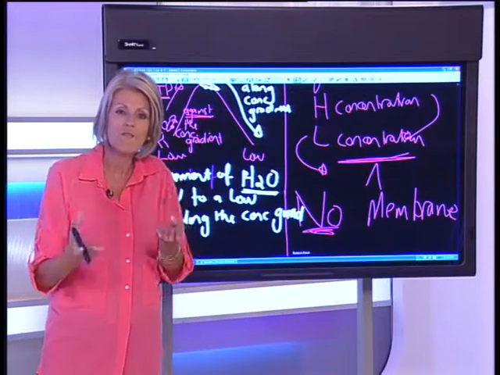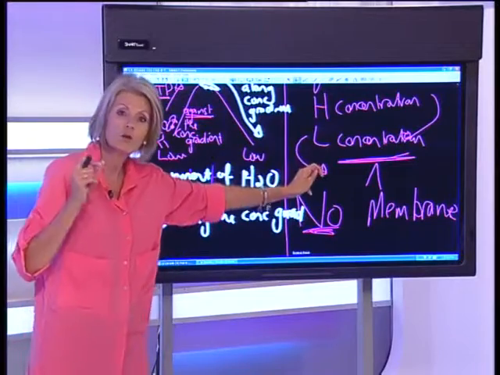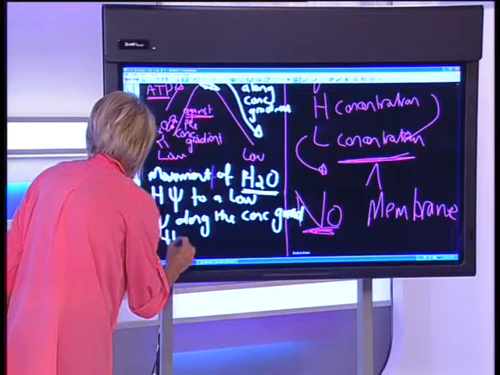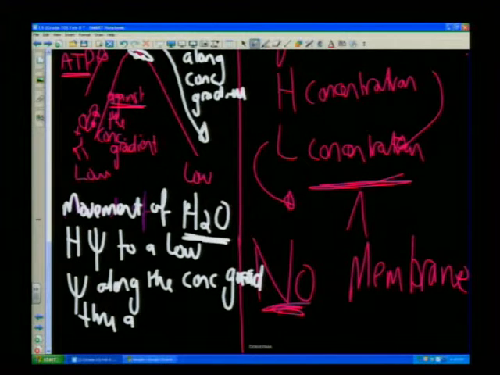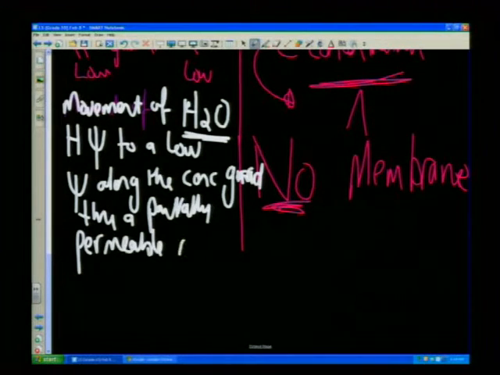So you can never have an equilibrium with osmosis. Whereas with diffusion, you can. So along the concentration gradient and through a partially permeable membrane.